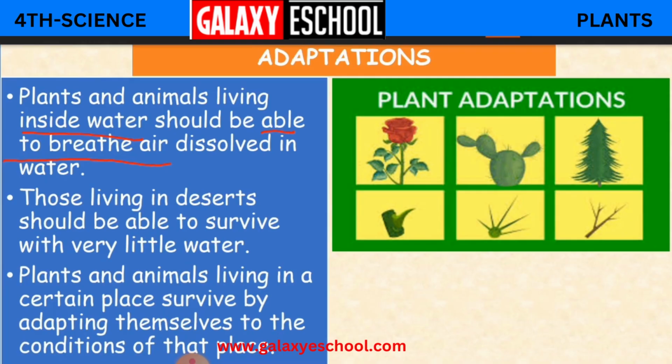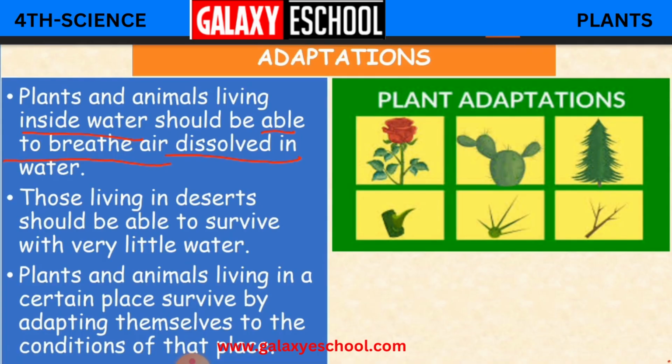To breathe air, it should be able to breathe the air which is dissolved in water. Dissolving means the air is going to mix up with the water, and that air the plant is going to breathe. Because of that, the plant is able to grow in the water.